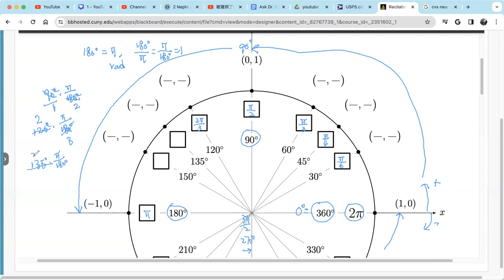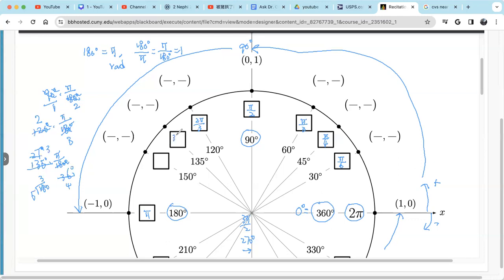Divided by 5, we have 27, a normal number, because we can cancel the degree, and 180 divided by 5 gives 36. Both 27 and 36 can be divided by 9: 3 times 9 is 27, 4 times 9 is 36.